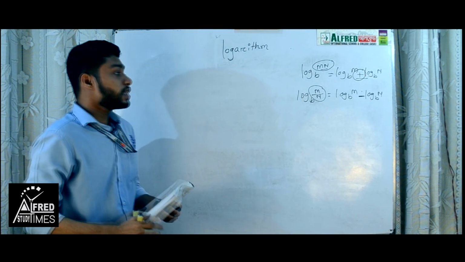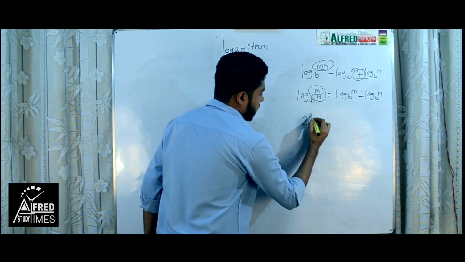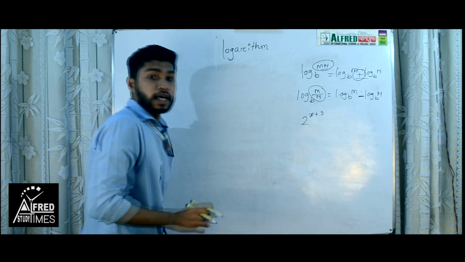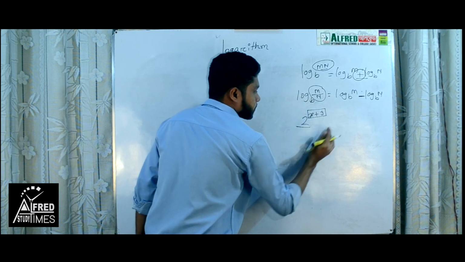Okay, now one thing I will make sure of here is, you see 2 to the power x plus 3. Here you see this is my base and this is my power.